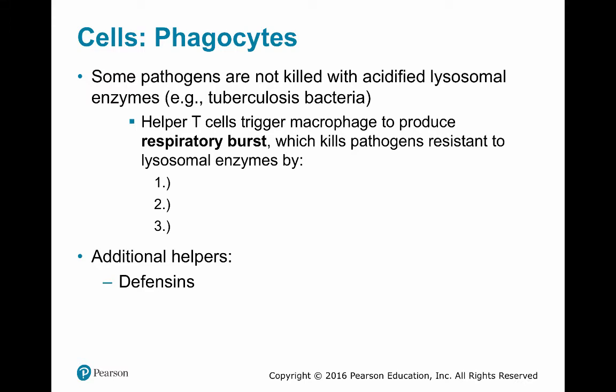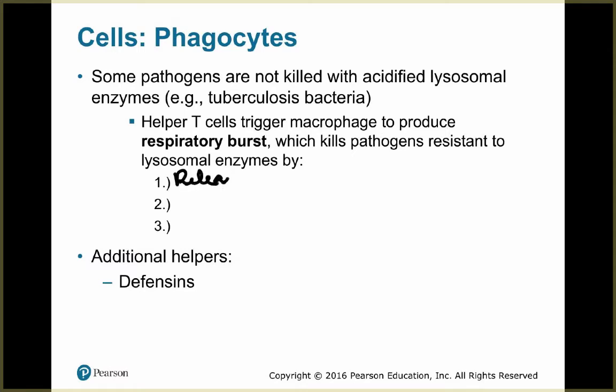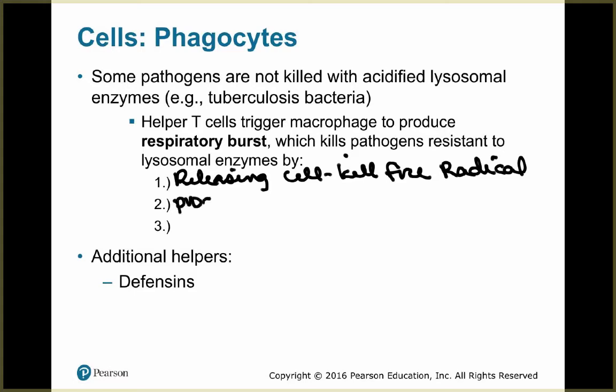It first helps to release cell-killing free radicals. So you can think of these crazy oxygen species that are very unstable and they need electrons to become stable. So they will start just pulling things apart, looking for electrons to try to become stable. And in the process, they will pull these bacteria apart and kill them pretty quickly. They also do it by producing oxidizing chemicals.